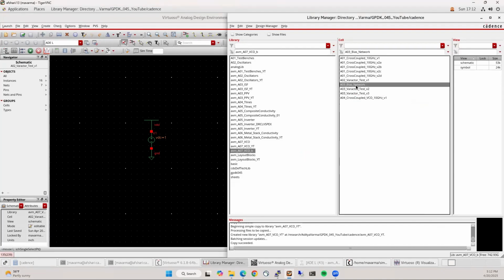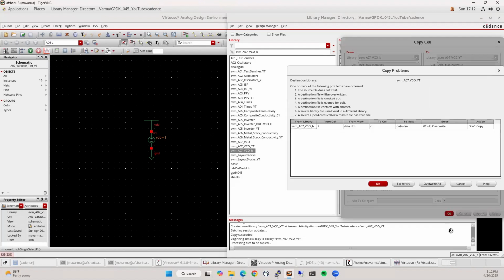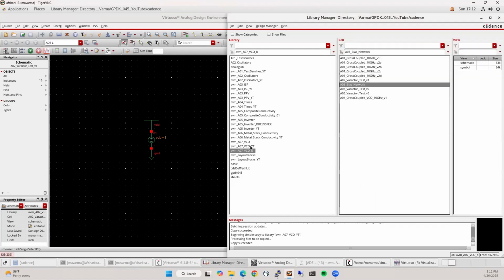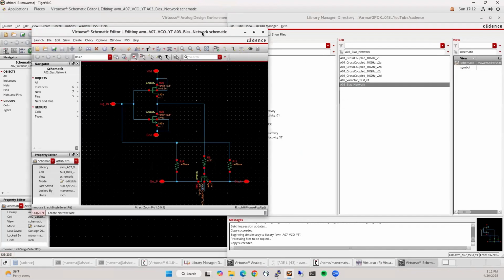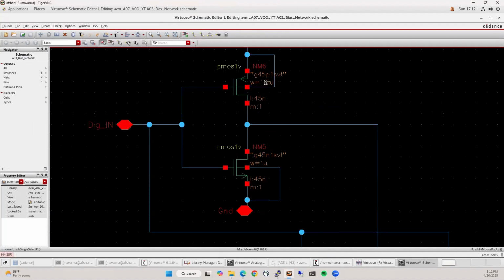I've already done that, so I'm just going to copy it. It's a very simple network. So let's copy it and then I'll show you what it looks like. Okay, so that's what it looks like. You have your inverter there, and I've sized the width of the PMOS to be 1.5 micron, and the width of the NMOS to be around 1 micron.